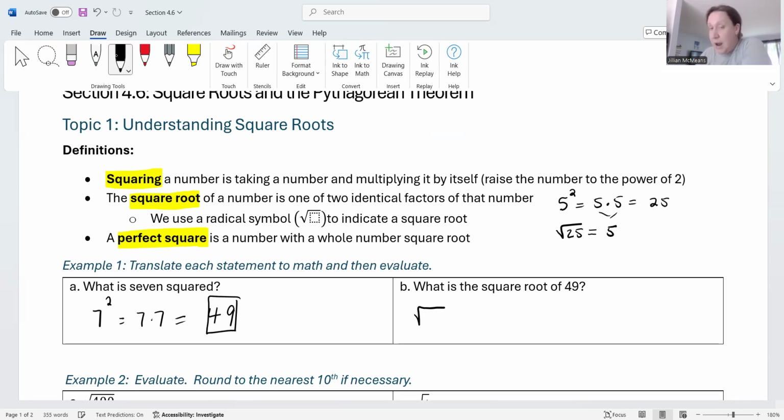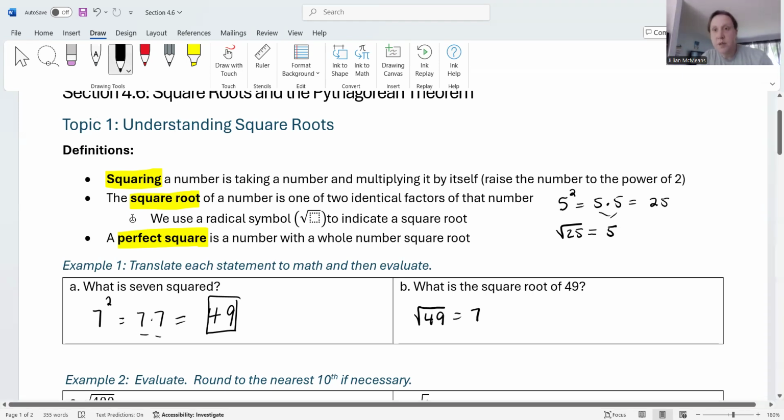We use this radical symbol that tells us we're looking for a square root, and that really translates to what is one of those two identical factors of 49? We know the identical factors of 49 are 7 and 7, so the square root of 49 is just 7. So that is how squaring and finding a square root work. They undo each other, they're inverse operations.